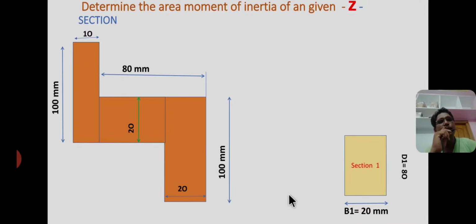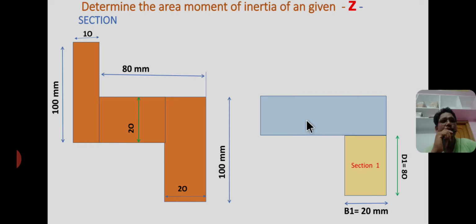Now I consider from here to here as section 2, that is base from here to here, 80 plus 10, 90 mm, base b2 equal to 90 mm and depth d2 equal to 20 mm.